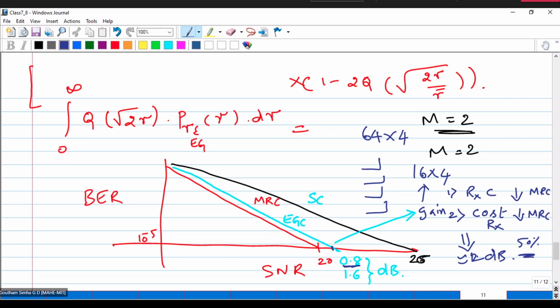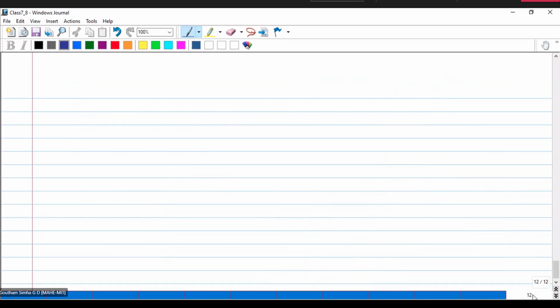Now I'll concentrate on solving realistic problems. Why and how? I'll be giving you a simple exercise so that you can carry it out based on the equations I have given already.